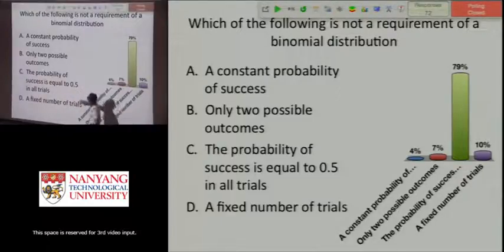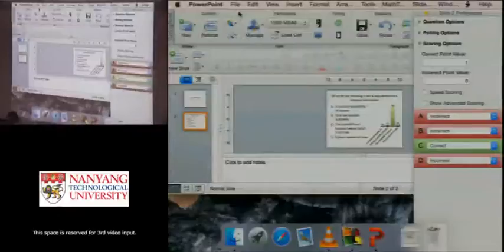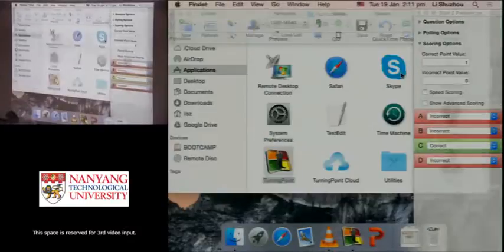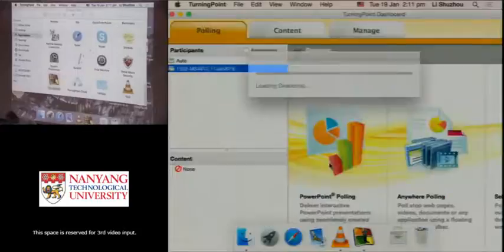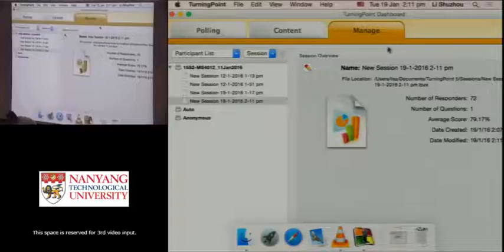All the others are requirements. So this is for clinical questions, all the data is there.